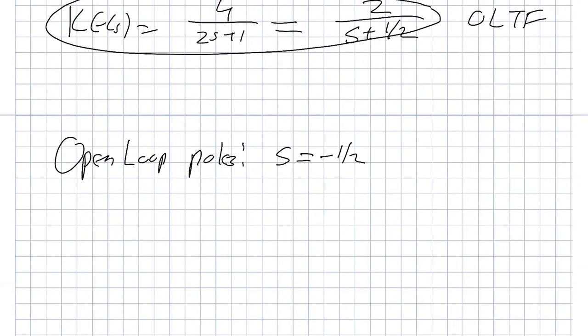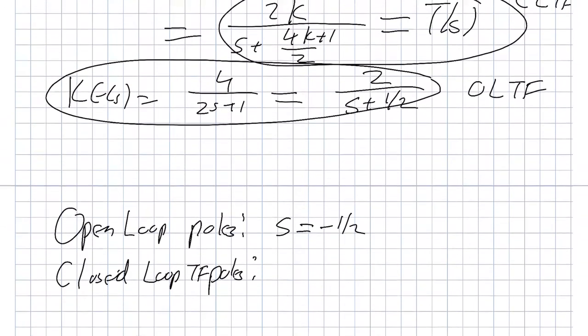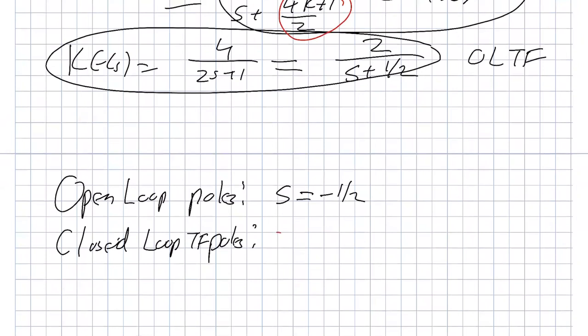And then our closed loop transfer function poles, which come from T of S, are s equal to minus (4K plus 1) divided by 2.